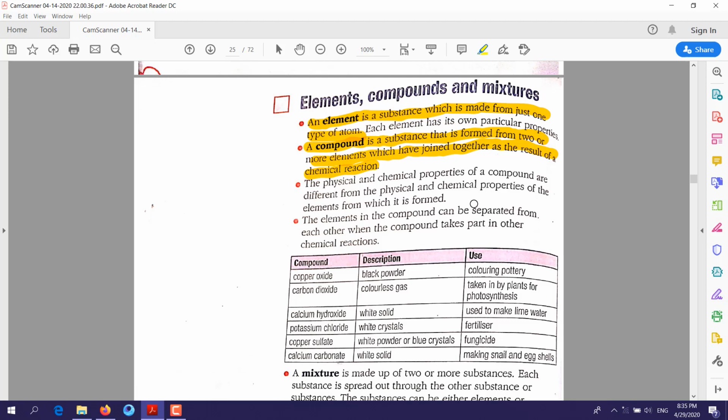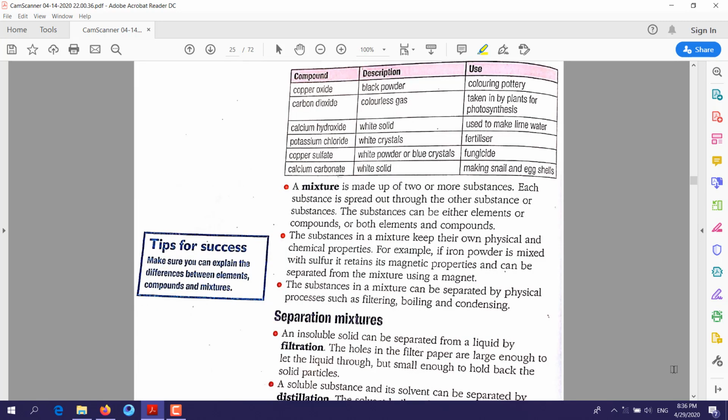Another example, oxygen, is also a gas. Both of them are gases. But when they react with each other to form a compound, they form water. The physical and chemical properties of water differ from hydrogen and oxygen before they react.